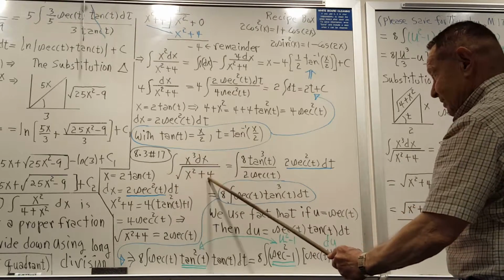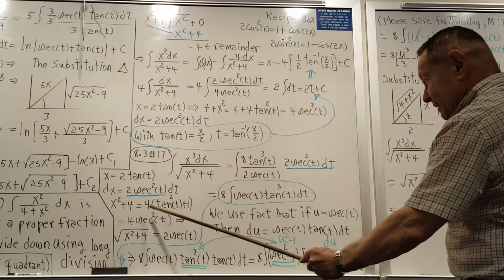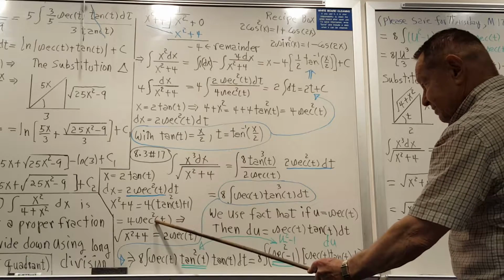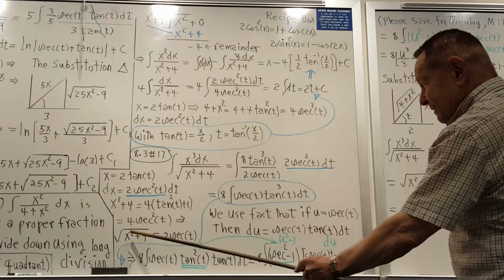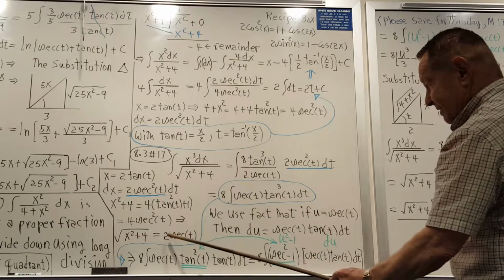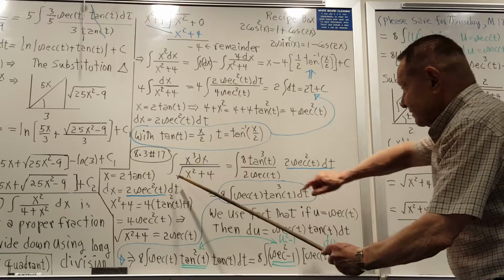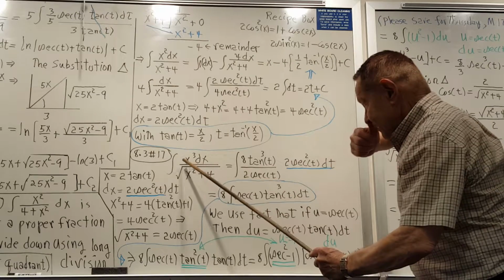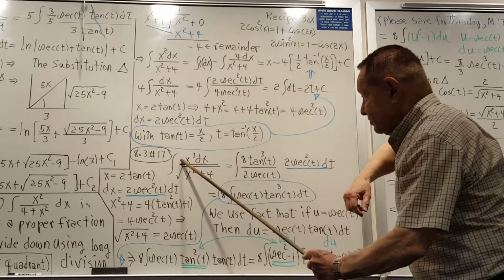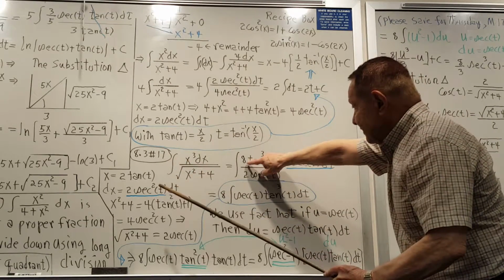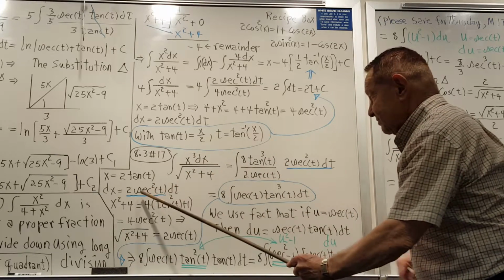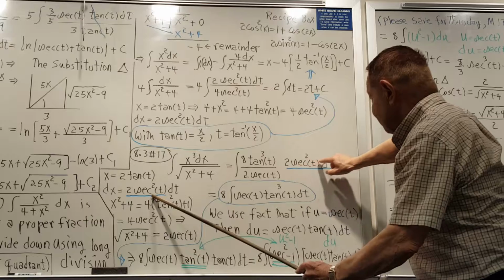Your x squared plus 4 would be 4 tangent square plus 1, which is 4 secant square. So your square root will become 2 secant. So your denominator here will go to 2 secant, and if your x is 2 tangent, you're cubing that, so you'd have 8 tangent cubed, and then your dx would be 2 secant square.